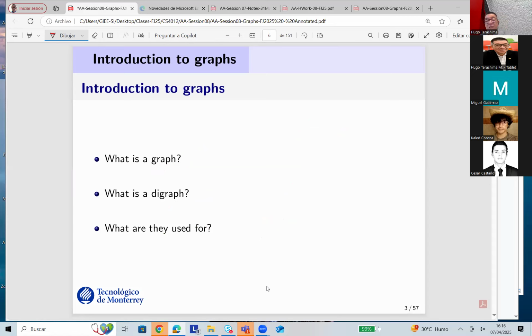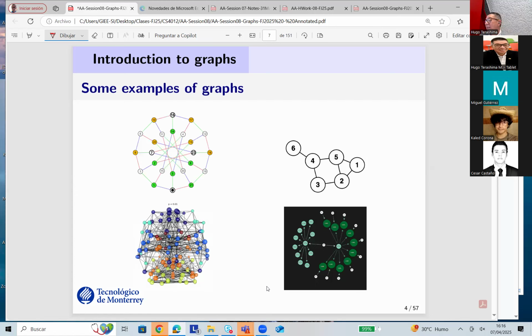And what are they used for? Well, many applications. We use them in computer science for connecting networks of computers. You have nodes, they are the computers, and you have different connections. In many applications on the web, we use a relationship between elements.